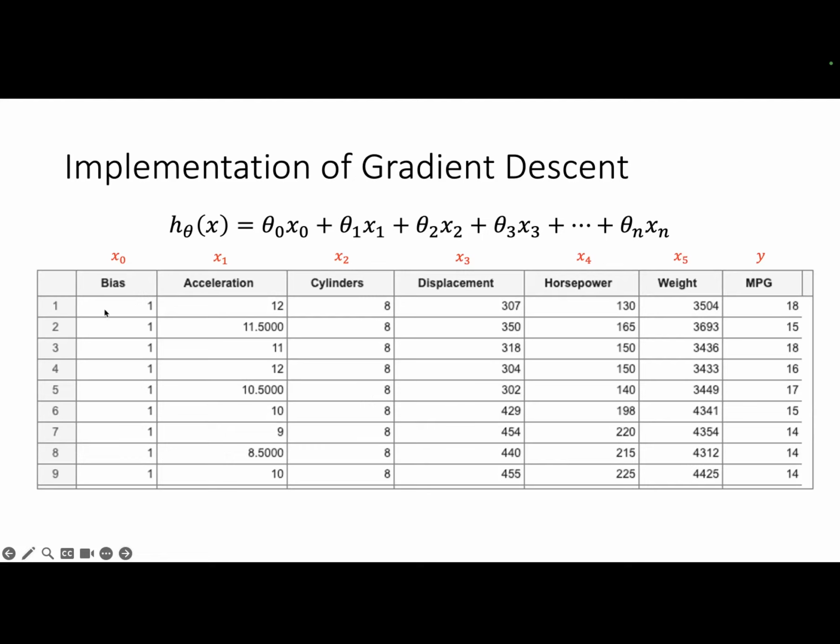Okay, so yung multiply na, again, theta naught times ito, theta 1 times ito, theta 2 times ito, theta 3 times ito, theta 4 times ito, theta 5 times ito, minus this, okay, and then multiplied by, halimbawa, 12, okay, tapos, divide by the number of rows para makuha yung derivative with respect to theta 1. Okay, para makuha yung derivative with respect to theta 2, i-multiply natin yung nasa parenthesis by 8 and so on.